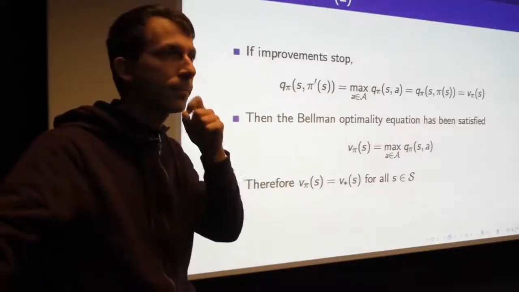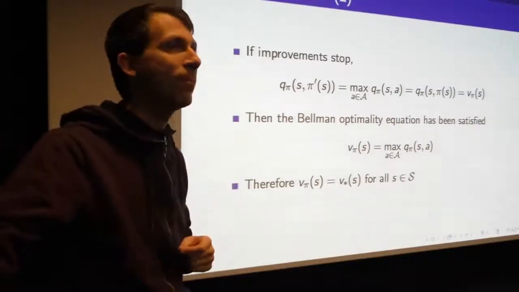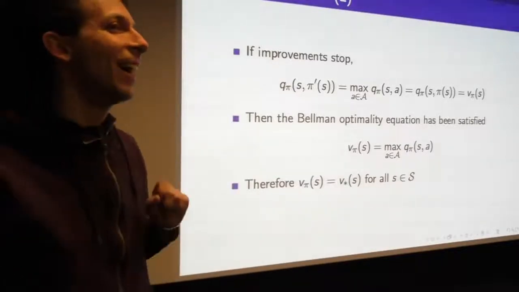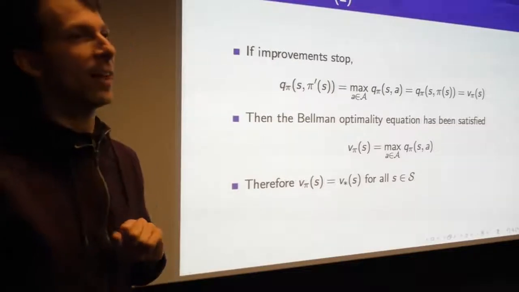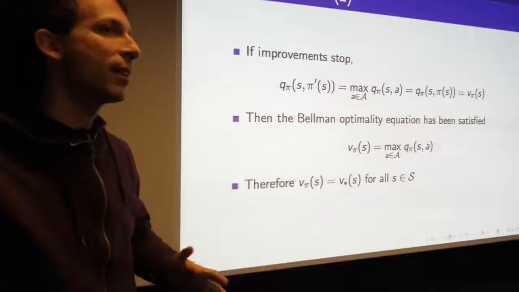Is there some kind of intuition to explain why you can't stop at your local maximum? Yes. I'm going to try and give that at the end, if it's okay. There's a contraction mapping argument, which I think is the easiest way to understand it.